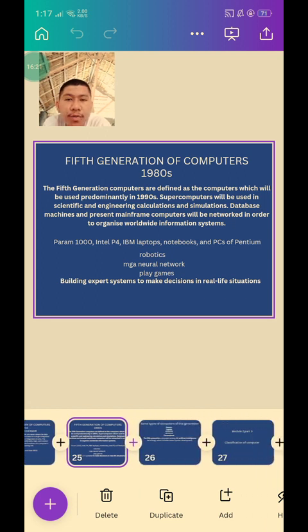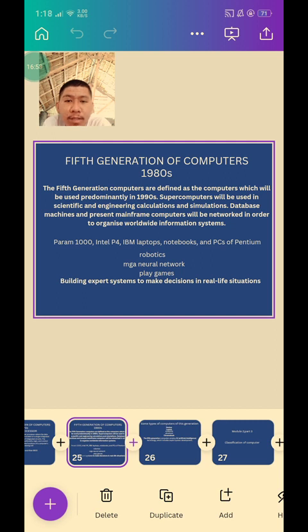Fifth generation of a computer in the 1980s. The fifth generation computers are defined as computers which, predominantly in the 1990s, supercomputers will be used in scientific and engineering calculation and simulation, database machines, and present mainframe computers will be networked in order to organize a worldwide information system.